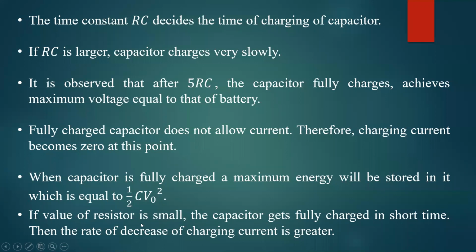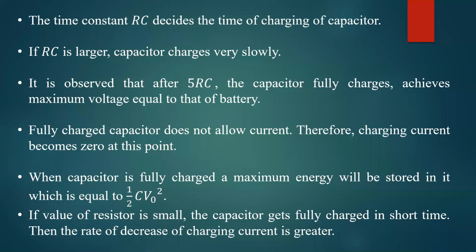If the value of resistor is small, the capacitor gets fully charged in a short time. If you want the capacitor to charge quickly, what you have to do? You connect a smaller resistance. Then you can charge the capacitor quickly. The rate of decrease of charging current is greater.